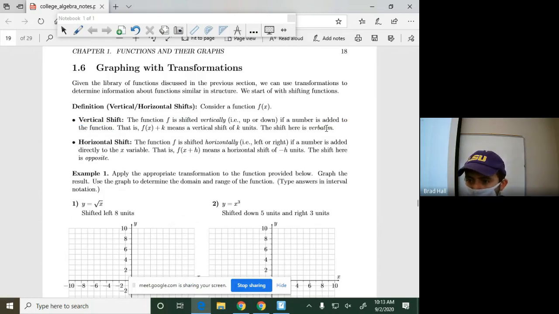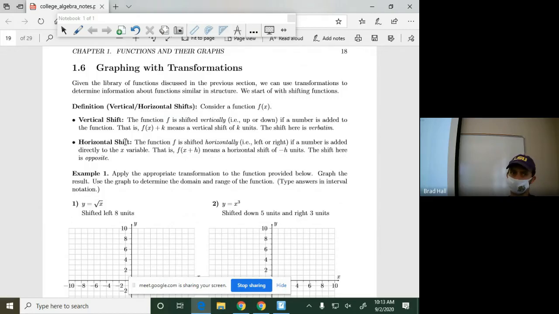Now the shift is verbatim, which might make more sense in comparison to opposites for the next one. A horizontal shift, all right, we already talked about up and down. Now we're talking about left to right.